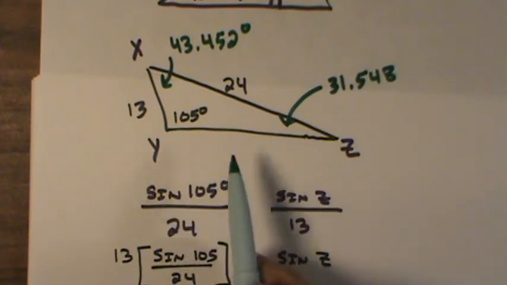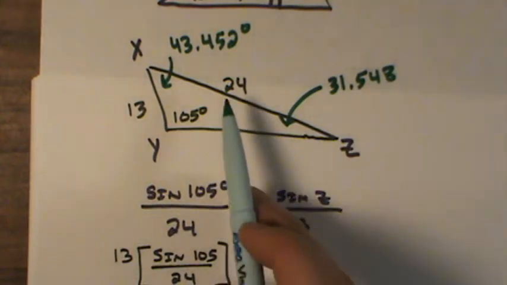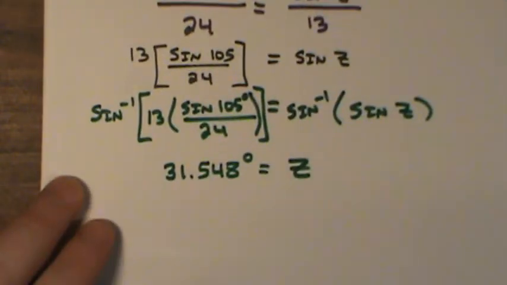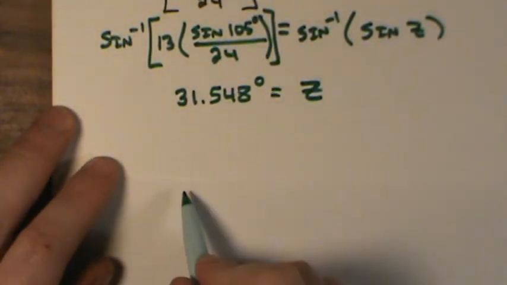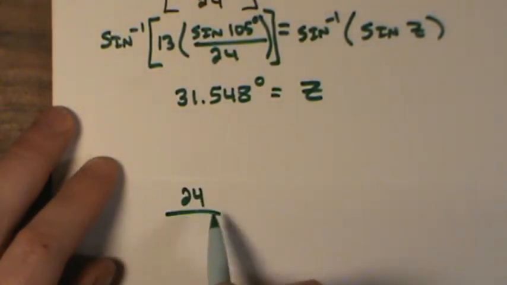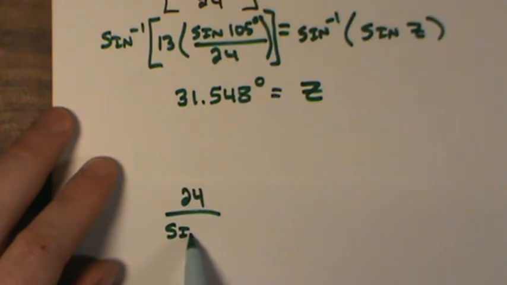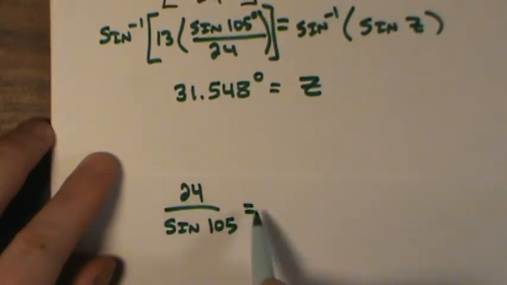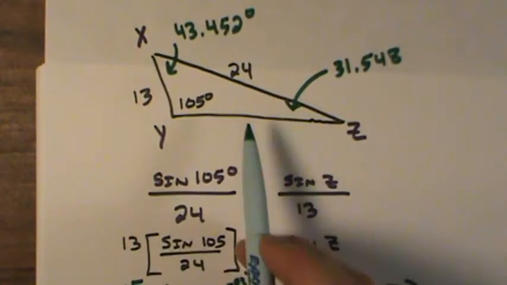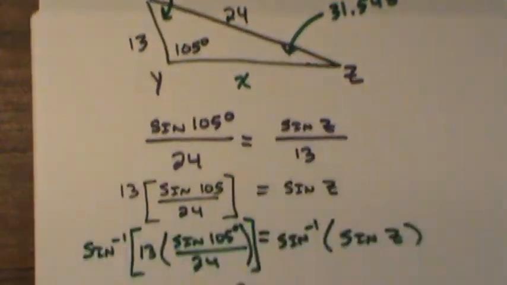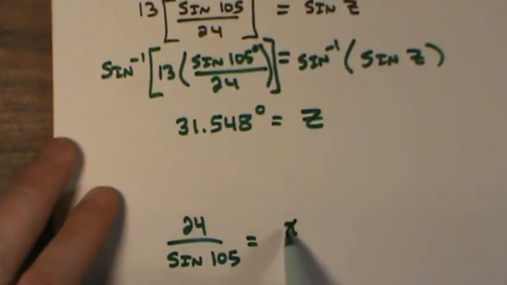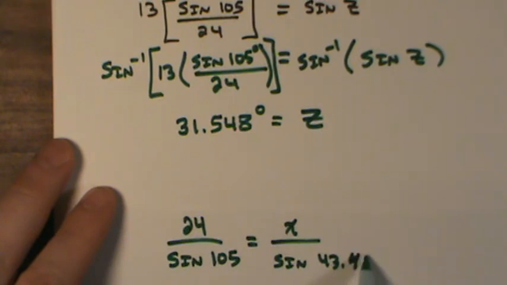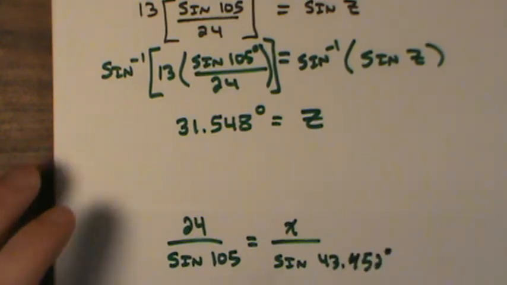Now this time I'm looking for a little x. I'm looking for a side. So I'm going to start with the side on the top. I'll say 24 is to sine 105 as, and now because I'm looking for that little x, I can say x is to sine 43.452 degrees.